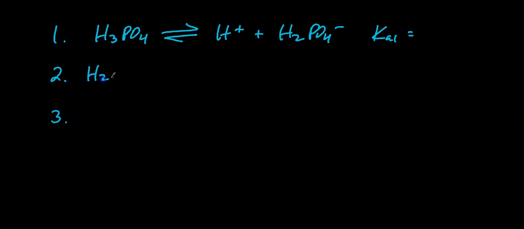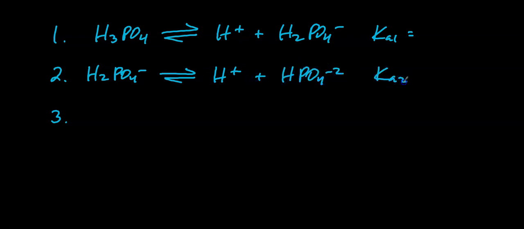The H2PO4 minus can also ionize, producing more H plus and HPO4 2 minus ions. Ka2 is going to be much smaller than Ka1. Ka1 is already small to begin with.